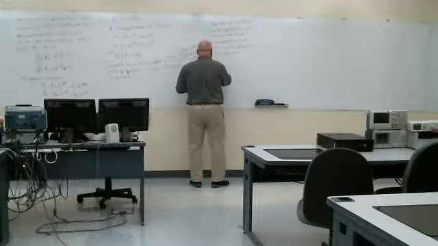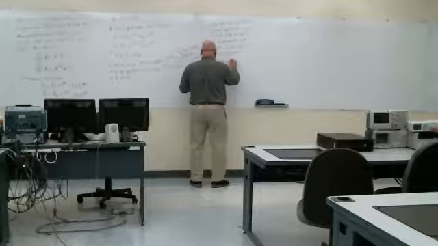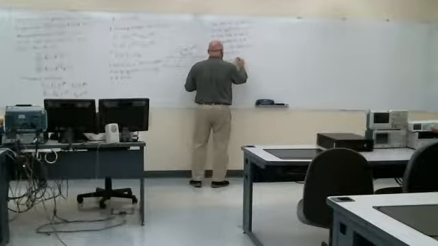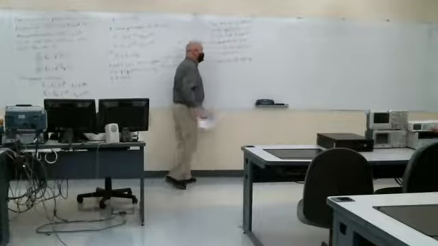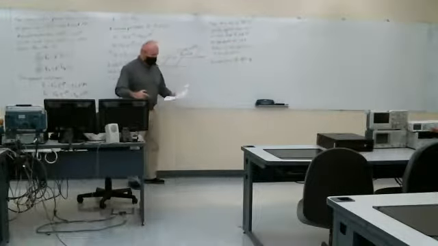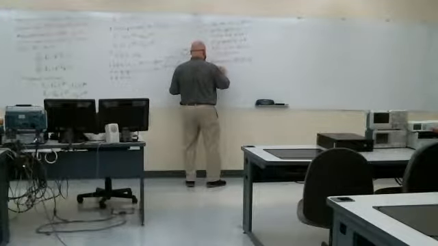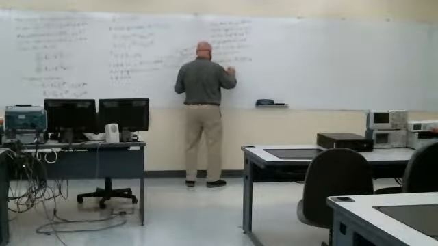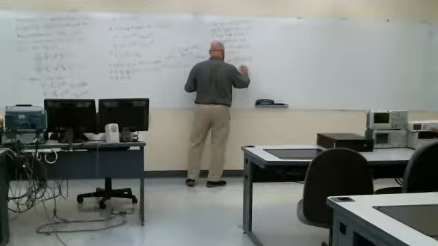There's another really important result, and that's the ratio of the magnitudes of the two fields is equal to a constant called eta, where eta is equal to the square root of mu over epsilon.